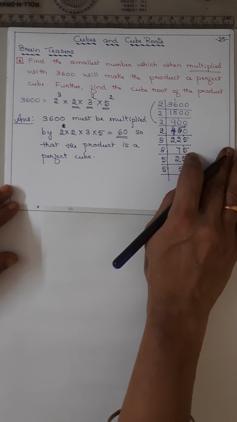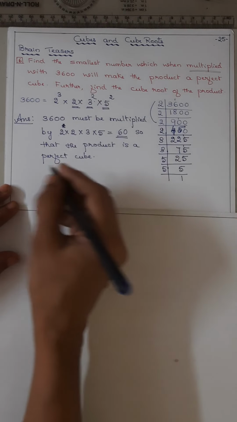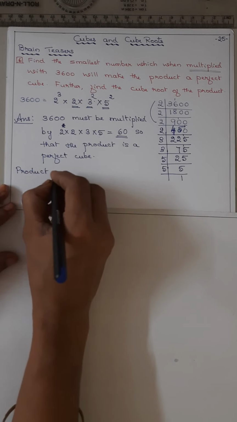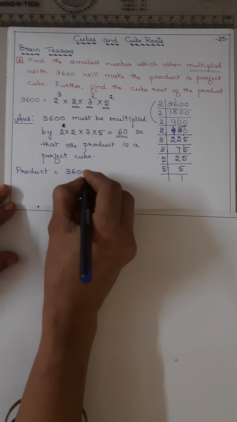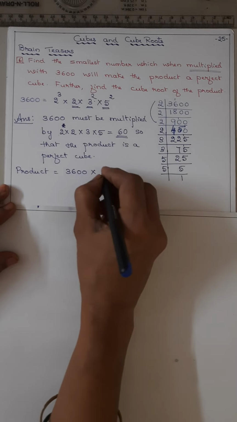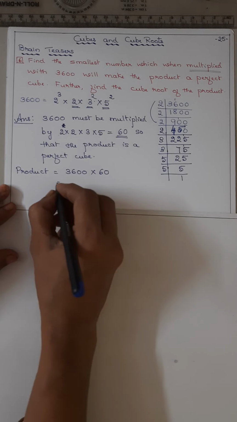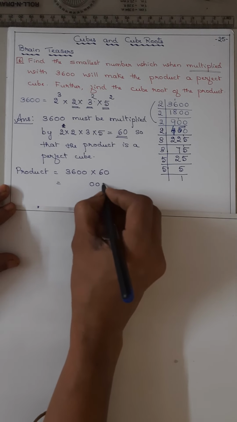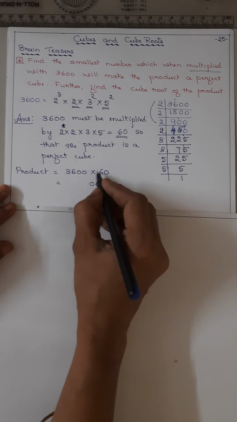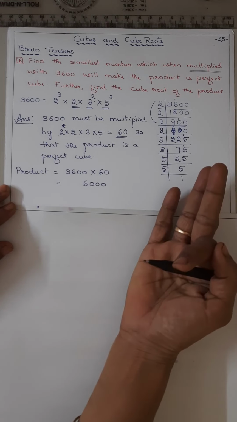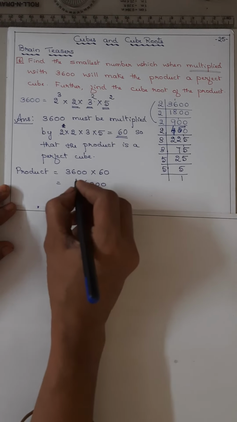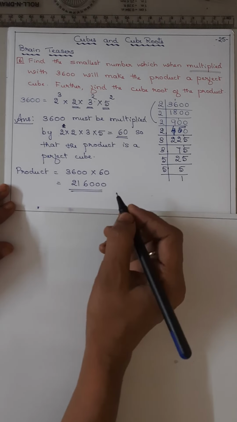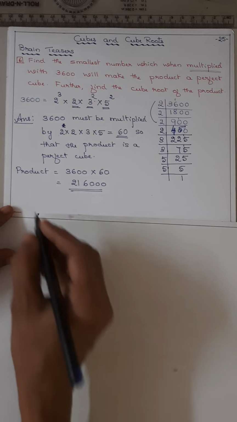Okay, now you see, the cube root of the product they have asked. So what is the product? 3600 was the number. We have to multiply by 60. You got the product to be 1 2 3 zeros, 6 6s are 36, 6 3s are 18, 19, 20, 21. Okay, you got the product 216,000.